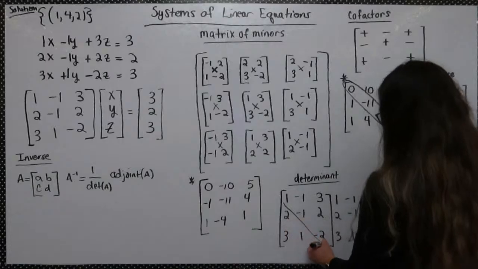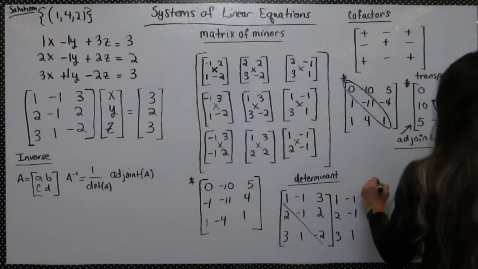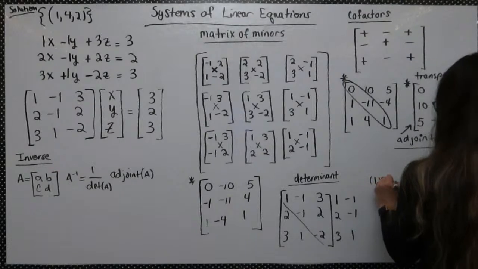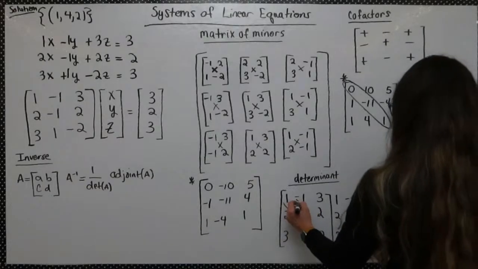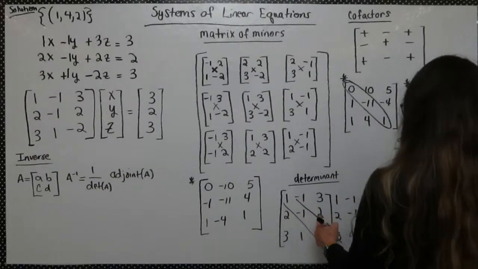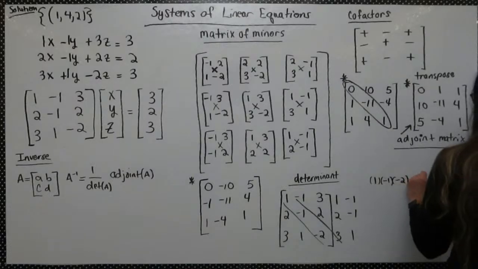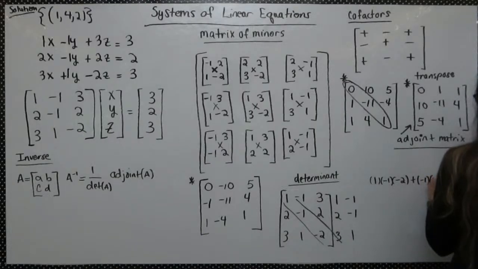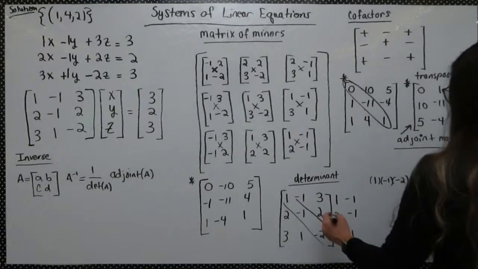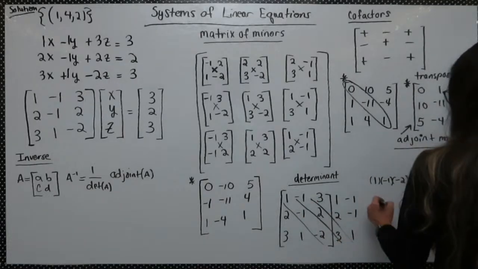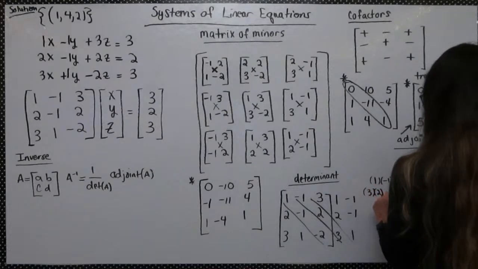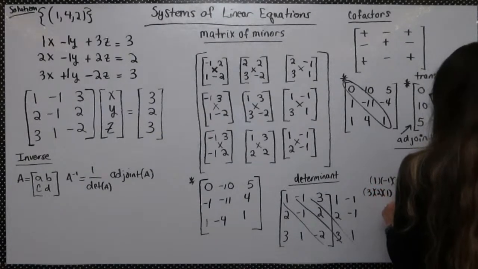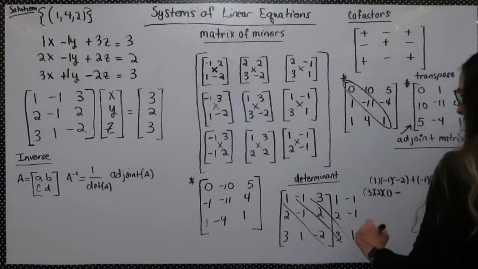So it's this diagonal, 1 times -1 times -2, plus this one, -1 times 2 times 3, plus this diagonal, 3 times 2 times 1. Then we go the other direction and subtract the other diagonals.